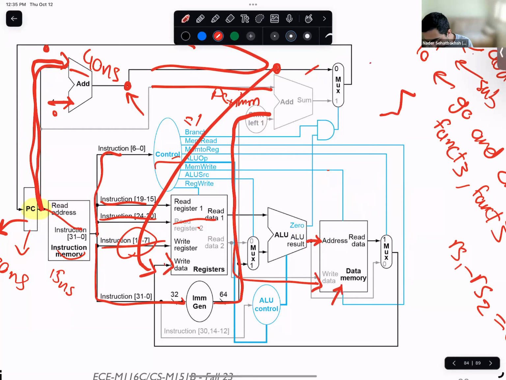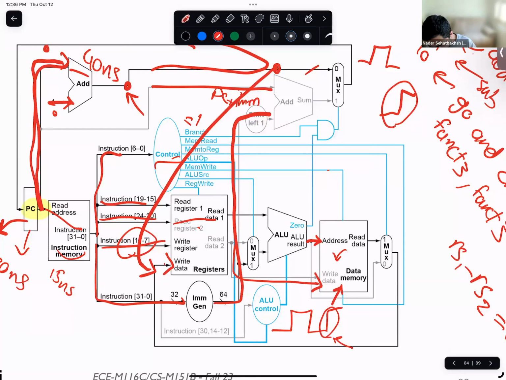While reads are asynchronous and combinational, writes are usually sequential, which means that I don't write during the clock period, I write at the next positive edge of the clock, okay?